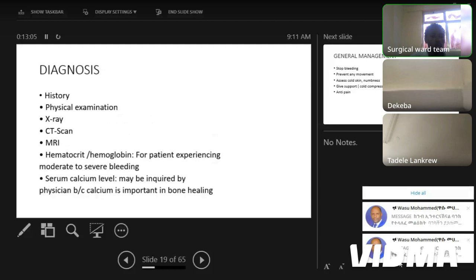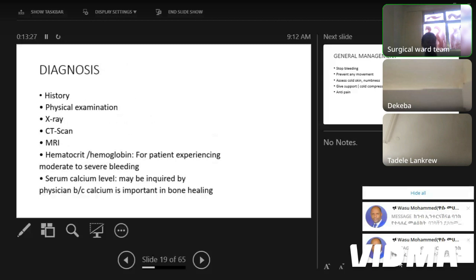When it comes to diagnosis, there are some ways we use to diagnose fractures. First, history is very essential, and also physical examination. X-ray to see the site of fracture. CT scan is very important, for example when the fracture is around the skull.